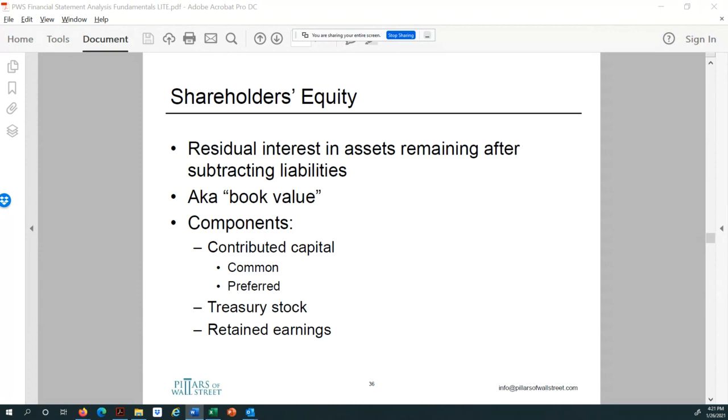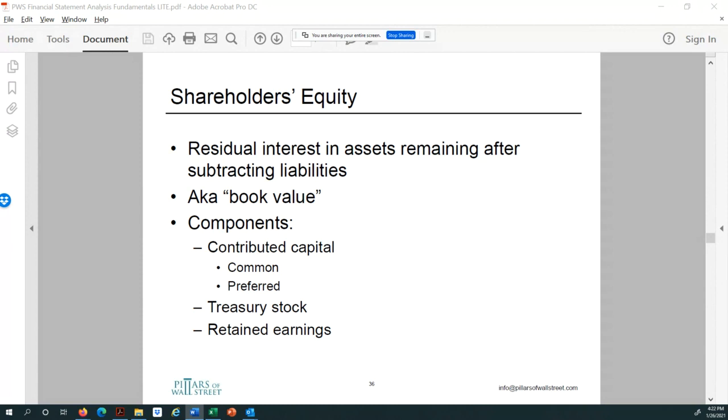Now, when we break down equity, we have to break it down into two primary components: contributed capital and retained earnings. What is contributed capital? That's the investment made by shareholders, who can be common or preferred. Preferred, like Warren Buffett. He's the most famous preferred stock investor in the world. So you can have common shareholders like me and you, and you can have preferred shareholders who are more senior.